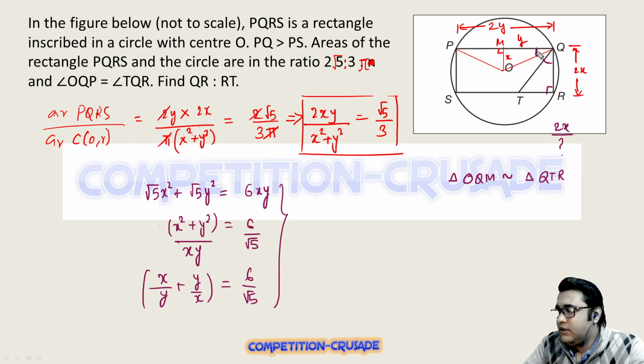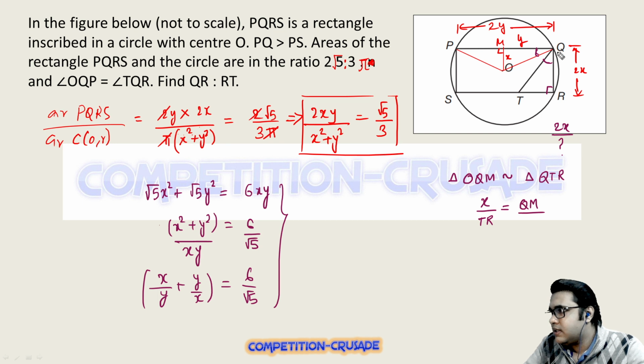The side opposite to the equal angle is x for OQM, and this one is PR. And obviously I need QT, so QT is the other side, OQ or QM, and the side opposite to the other angle is QR.